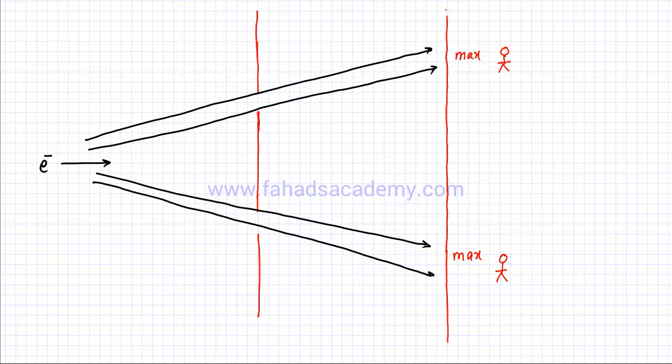But here's the problem. When you try to locate the electron at the other side, there's going to be a region of higher probability in the center as well. Actually, the region of highest probability would be at the center. Now, that's an anomaly.